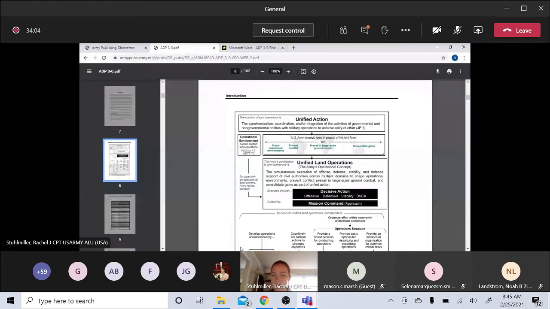So with unified action, we talked about our operational environment. That's the class that you had with Mr. Wilcox. That starts framing the U.S. Army strategic roles in support of the joint force. So what does the Army contribute to joint operations? That is unified land operations. So that's really where our course is designed to start today.